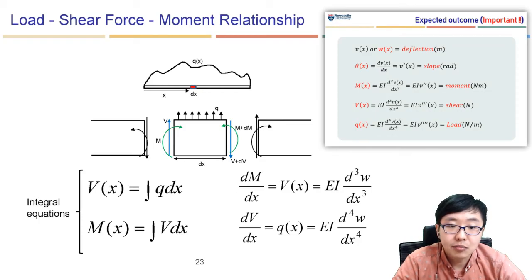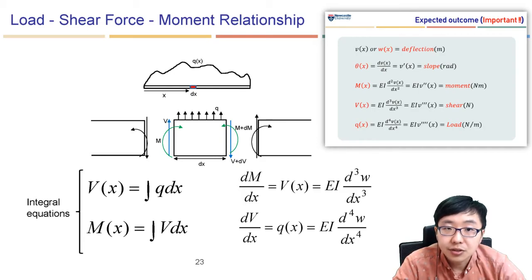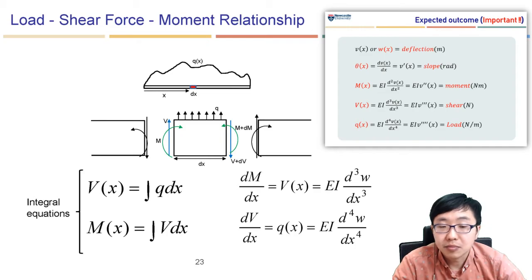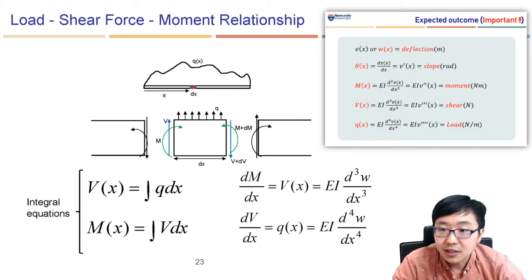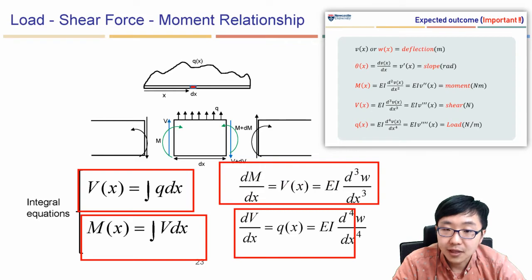I have highlighted this more than enough times. From deflection, slope, moment, shear, and load, if we know one value, we can get all the details by applying the boundary conditions. We can determine the unknown coefficients. So everything is the same here. What they are talking about is shear, moment, slope, deflection. Okay.